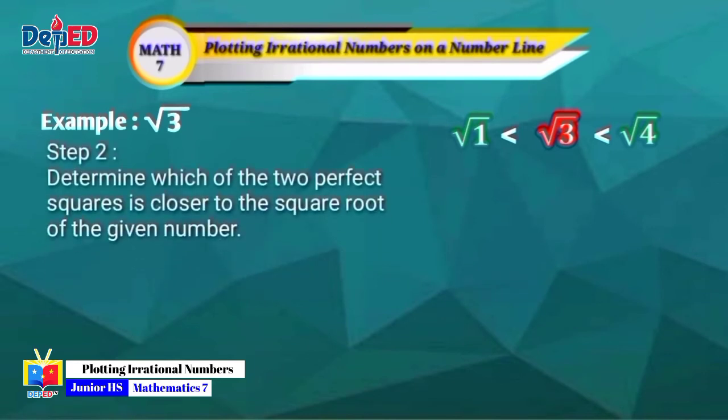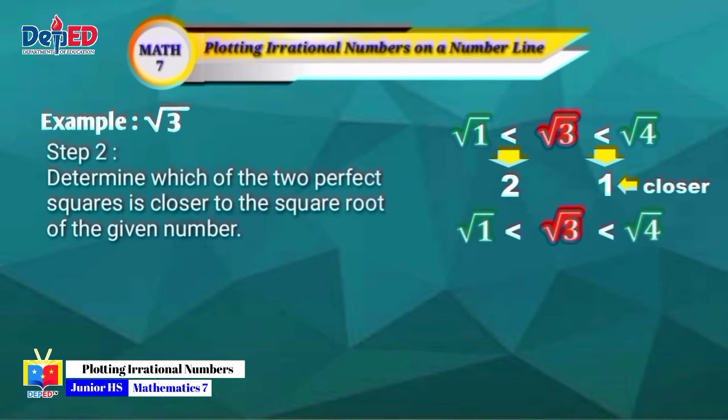Determine which of the two perfect squares is closer to the square root of the given number. To determine which one is closer, we have to get their difference. 3 minus 1 is equal to 2, and 4 minus 3 is equal to 1. Since the distance between 4 and 3 is less than the distance between 1 and 3, therefore, square root of 3 is closer to square root of 4.